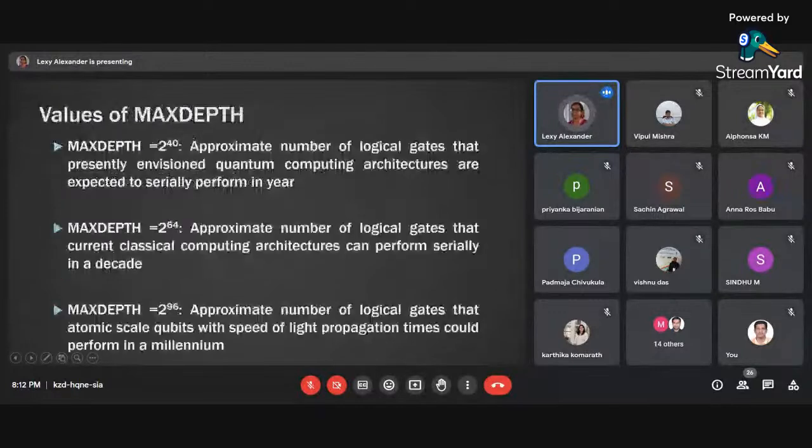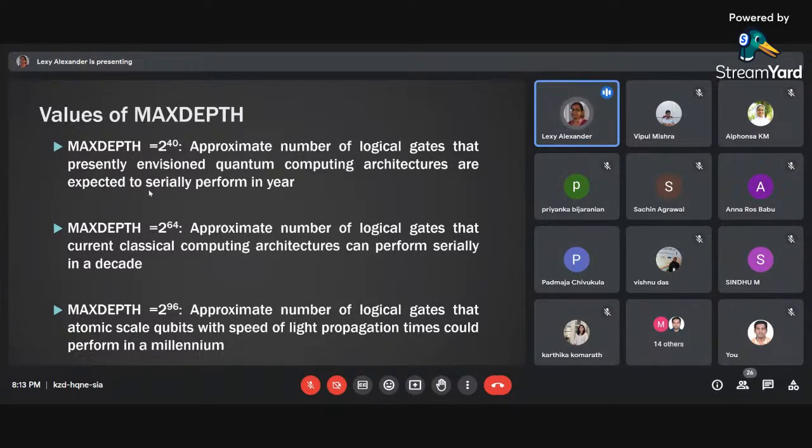So max depth 2 power 40 means it is equal to the approximate number of logical gates that presently envisioned quantum computing architectures can be expected to serially perform in a year.